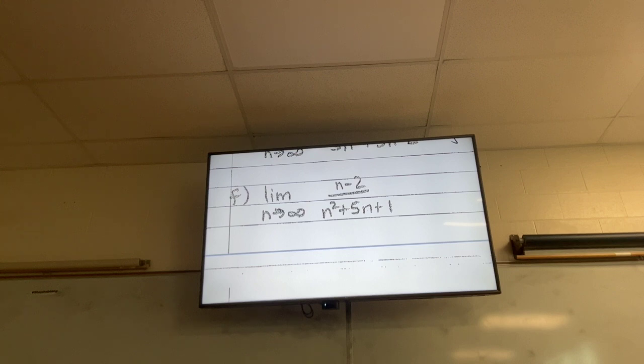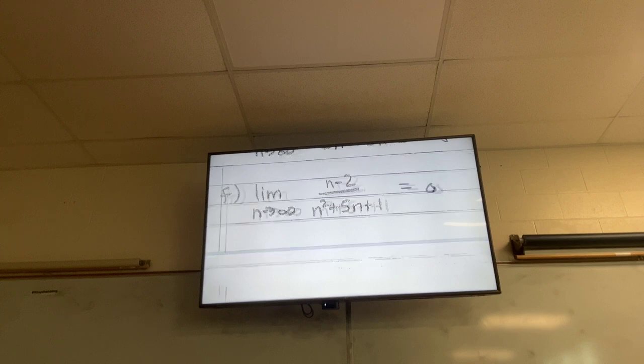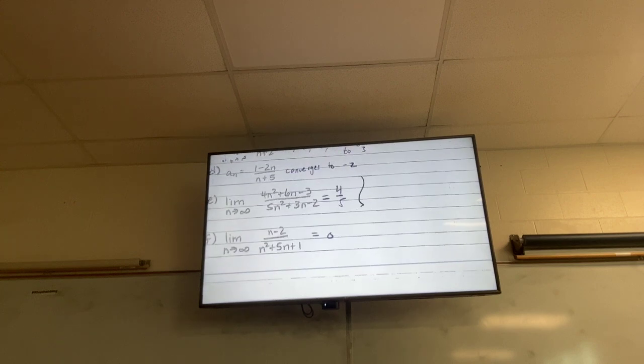The bottom has a greater degree, right? Does anyone remember what the limit at infinity is if the degree of the bottom's greater? 0. A billion over a billion squared is a really small number. A trillion over a trillion squared is even smaller. That makes sense? So this is convergent. These are both convergent.